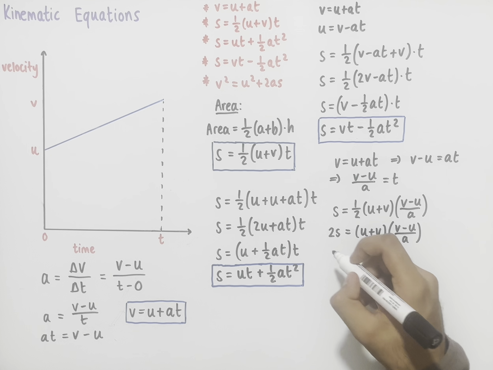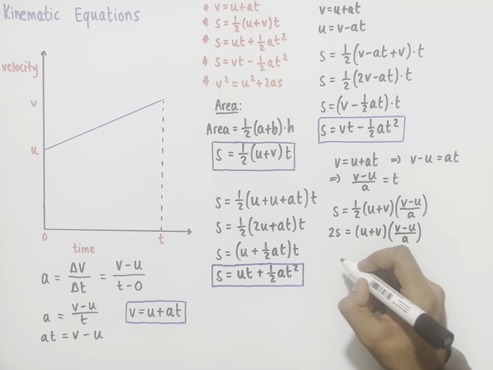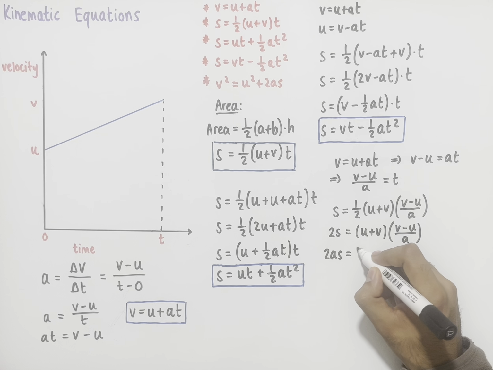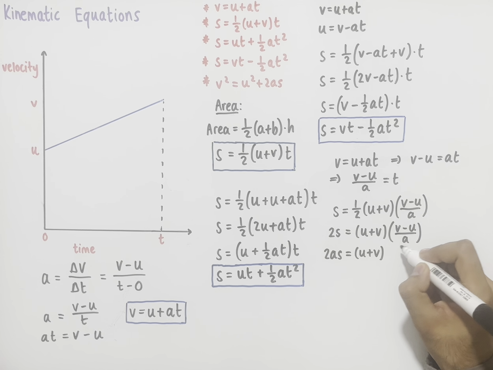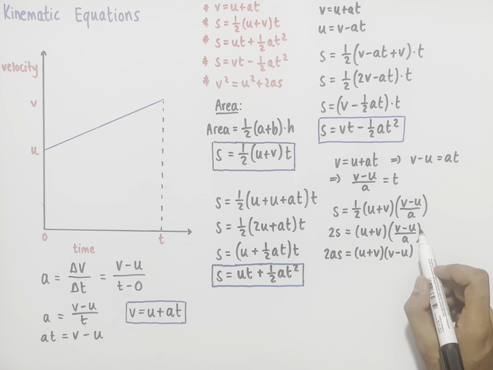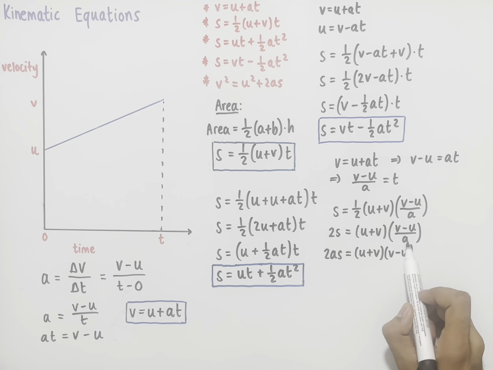And so if we do that, we now end up with 2s times a, which is 2as, and then on the right hand side we have u plus v in brackets, and then in our second bracket we now have v minus u, since multiplying by a cancels with dividing by a here.